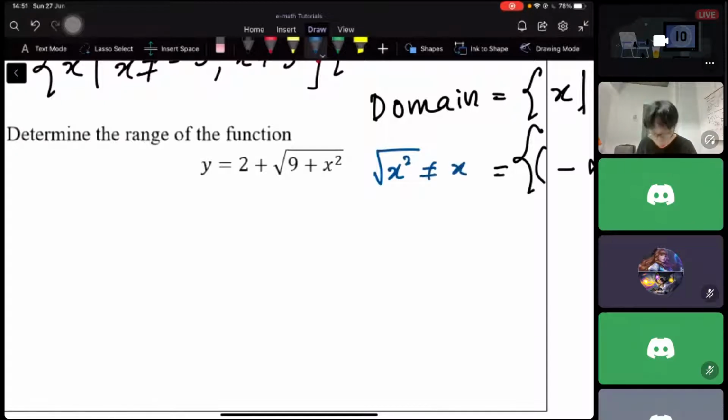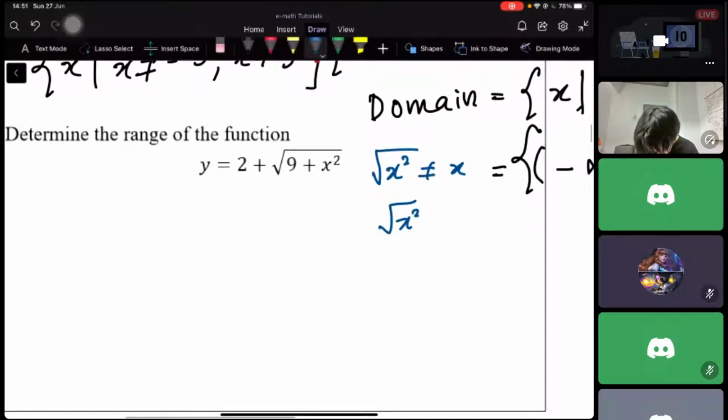Now this is wrong. This is correct: absolute value of x. So if you square anything, you get a positive number, which means this will always be positive, and if this 9 plus x squared is always positive, then you don't have to worry about your domain.